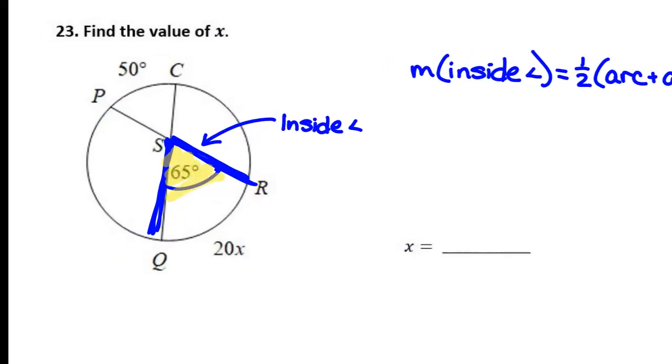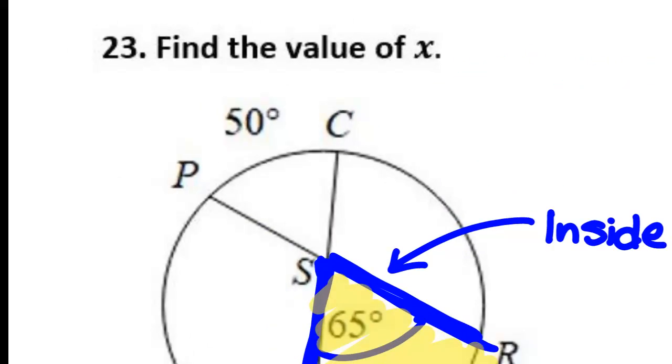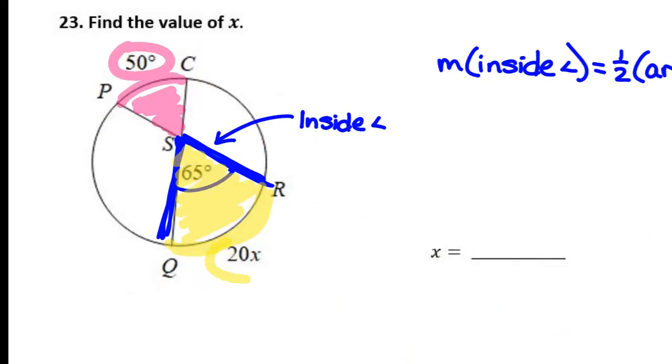So one arc that it is intercepting is right here, 20x. And then the other arc that it intercepts is actually the one that is intercepted by its vertical angle over here, this arc here. So 50 degrees and 20x. Those are the two angles that we're going to add together.